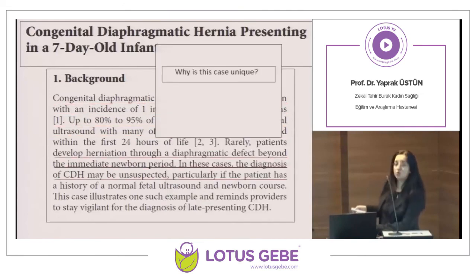And you should also add why this case is unique. You see, rarely do patients develop herniation through a diaphragmatic defect beyond the immediate newborn period. In these cases, the diagnosis of congenital diaphragmatic hernia may be unsuspected. So you should give here why this case is unique.